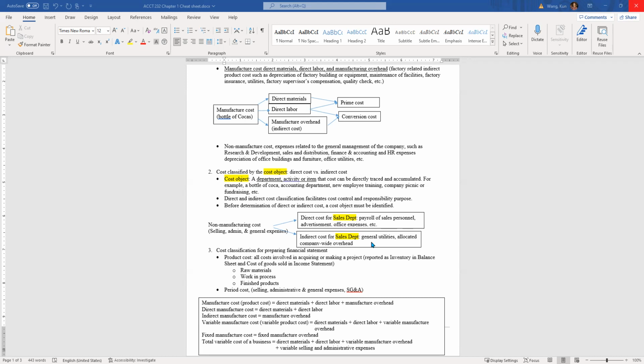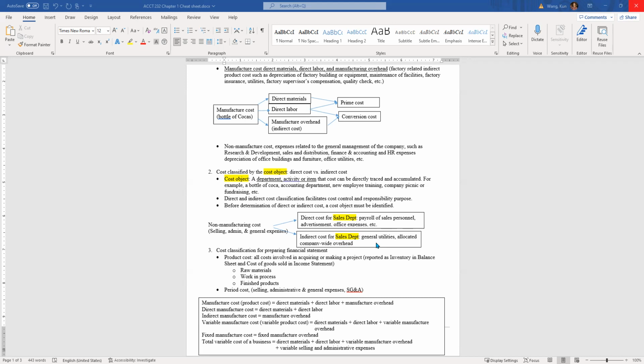Then they also have indirect cost, such as the utilities shared by the entire office building and the company-wide overhead allocation, like the CEO's salary and some overall company management cost and expenses.